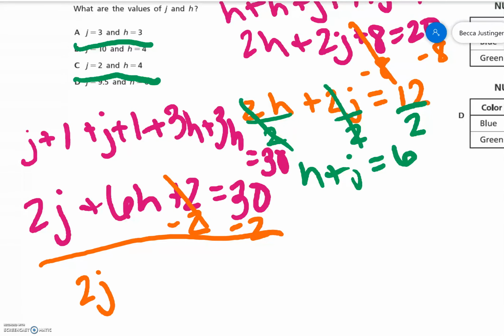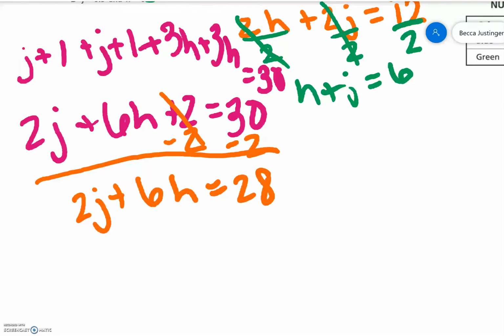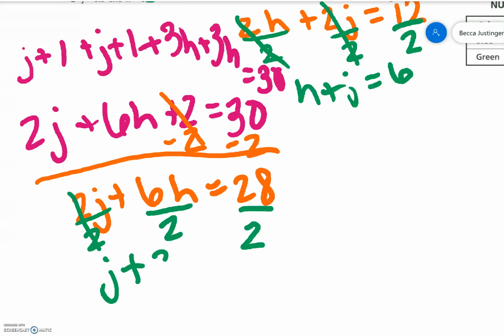So we have 2J plus 6H equals 28. Then divide everything by 2. This cancels, and we're left with J plus 3H equals 14.